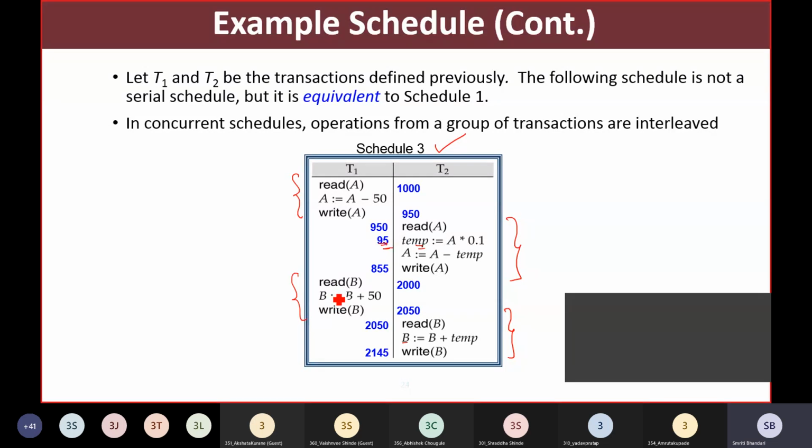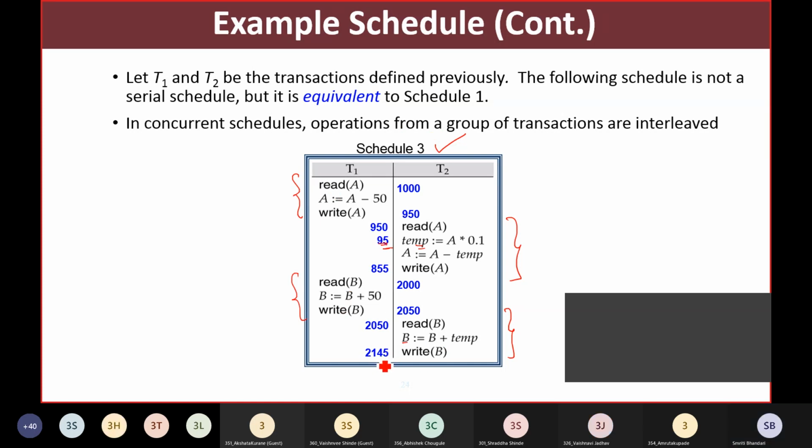So the order of instructions with respect to individual transactions T1 and T2 is not changed. The only thing is some instructions from T1, then some instructions from T2, then once again T1, once again T2. So this is a concurrent execution.